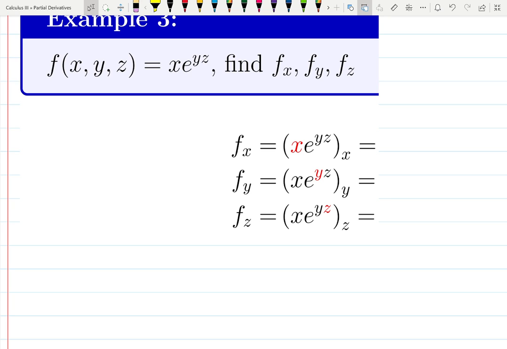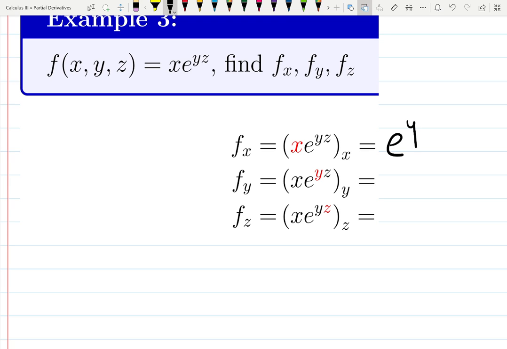The first derivative is with respect to x. I like this screenshot because it's color coding. When I'm taking it with respect to x, x is the variable. Everything else is a constant. You can even tell your brain, oh, y and z are like 10 and 5. So what is the derivative of x multiplied by e raised to 10 and 5? What do you think?